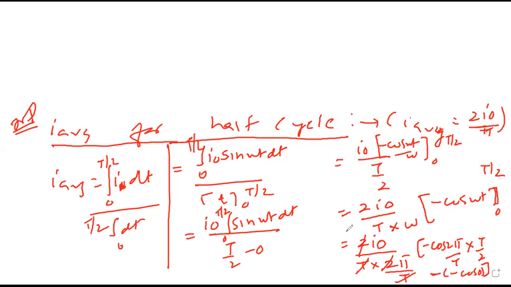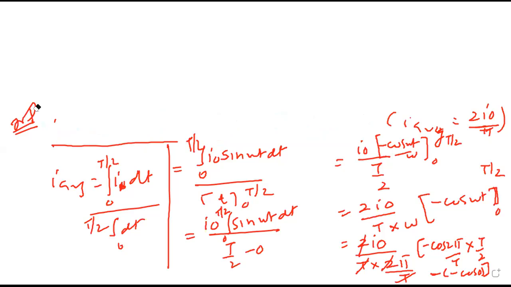I am doing it. For board, it is very important for 2 marks, so that I average is 2 I naught upon pi for half cycle. And in entrance, they will give you I naught sine omega t formula and they can ask what is I average. So by comparing, you will get I naught, then 2 I naught upon pi is the required answer.